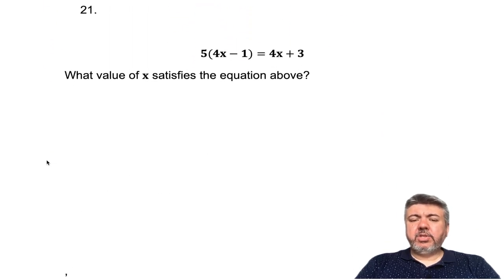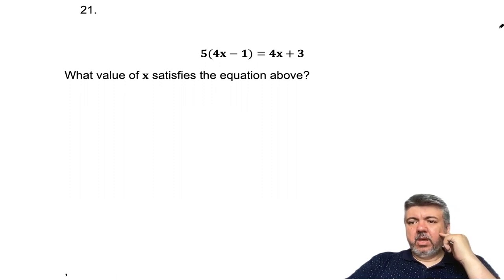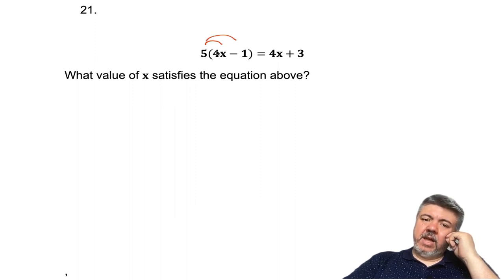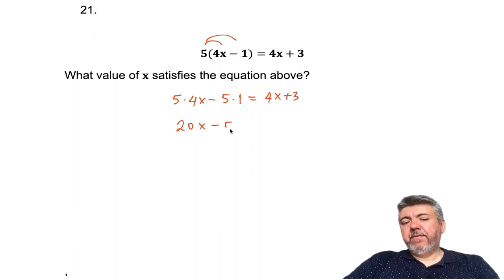Question 21. What is the value of x satisfying the equation? It's not very challenging actually, just expand this one. 5 times 4x minus 5 times 1 equals 4x plus 3. It's 20x minus 5 equals 4x plus 3.